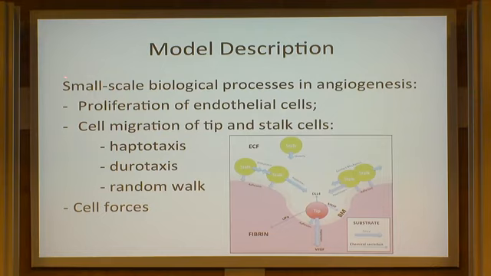We have all these small-scale biological processes that are occurring in angiogenesis. So what we have is proliferation of endothelial cells, and cell migration of tip cells and stalk cells. It turns out that if you have a layer of endothelial cells, some of these cells, just like people, like Amit also said, these cells are like people. Some of these cells will take a lead.